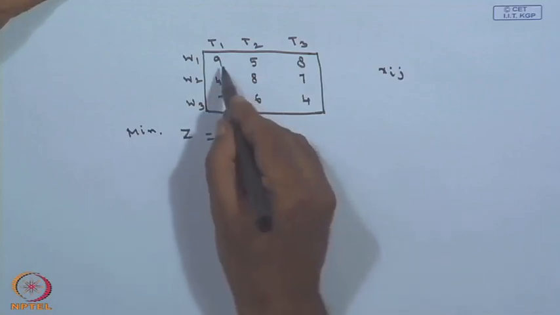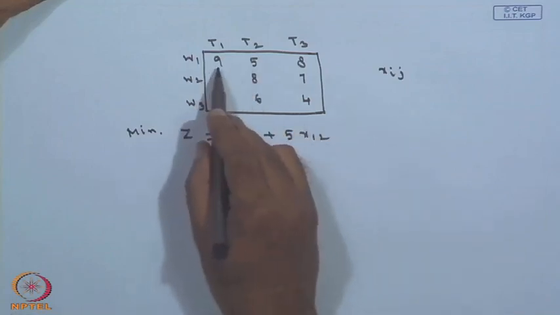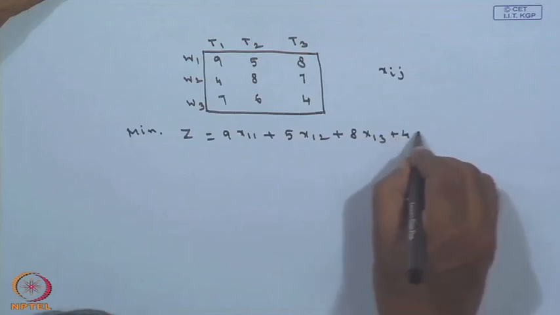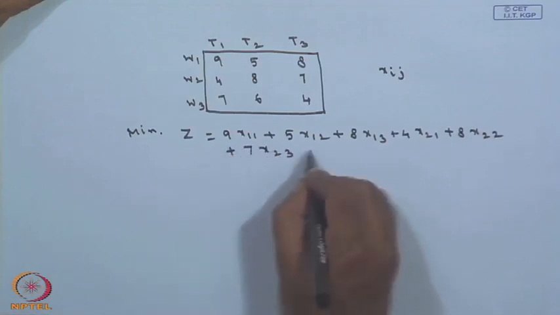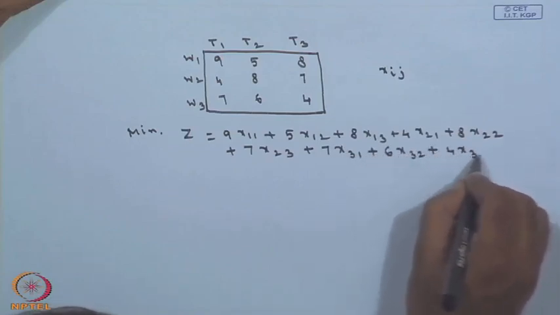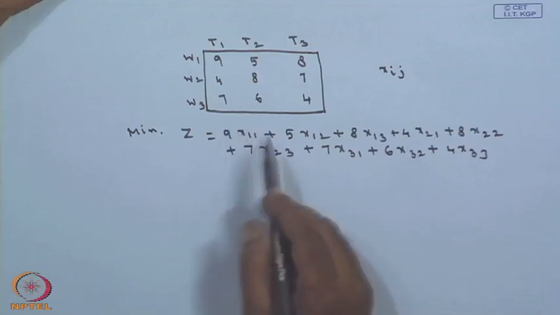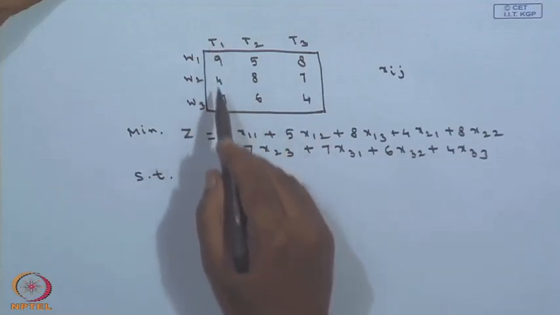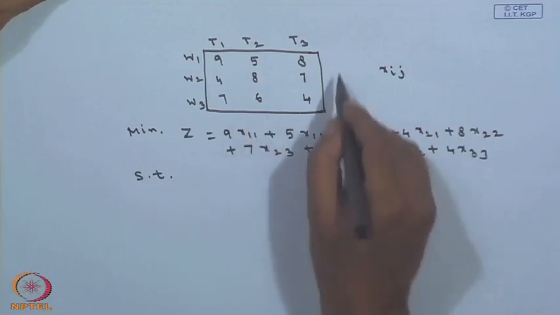I have to minimize z, where z is 9 x11 plus 5 x12 plus 8 x13 plus 4 x21 plus 8 x22 plus 7 x23 plus 7 x31 plus 6 x32 plus 4 x33, multiplying the cost coefficients by the corresponding assignments, that is summation i equals 1 to n, summation j equals 1 to n C_ij x_ij. This is subject to the sum of the rows and the sum of the columns of the elements being equal to 1, because availability and demand for each case is 1.